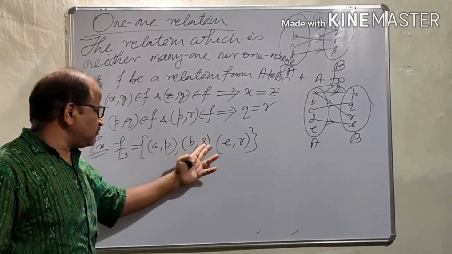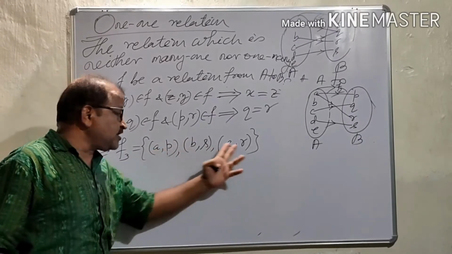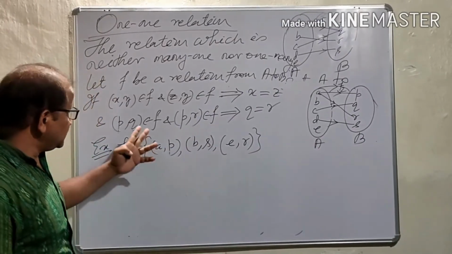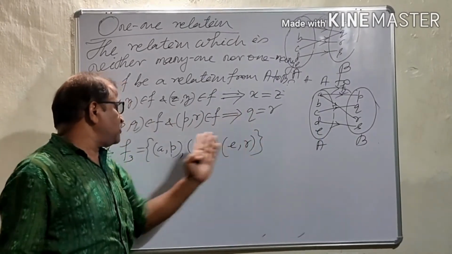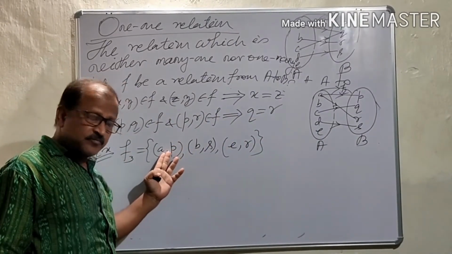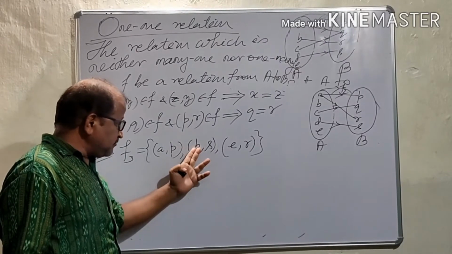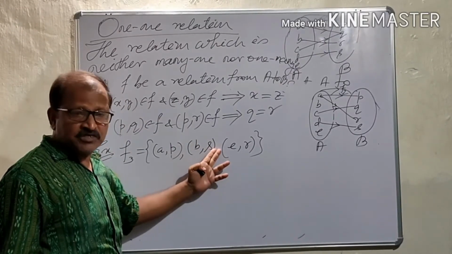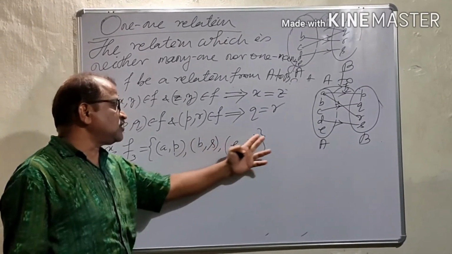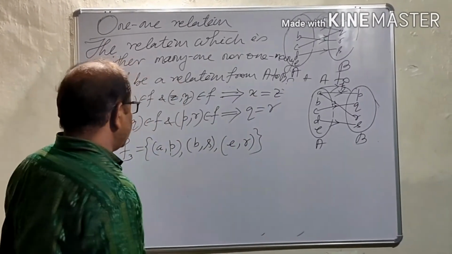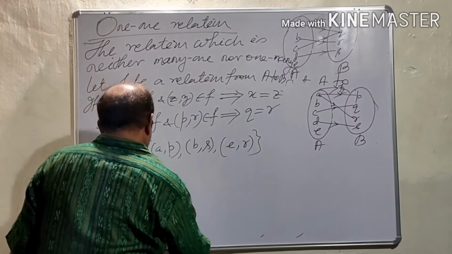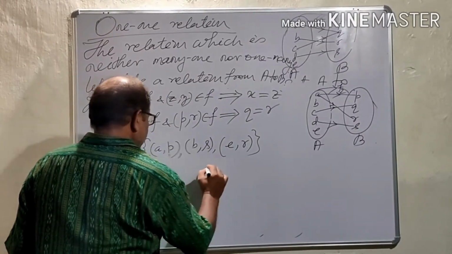One is related to one. a is not related to any other element. Similarly, except a, no other element is related to p. Except b, no other element is related to s. Similarly, b is also not related to any other element. Like this. And it will be clear from the ray diagram.